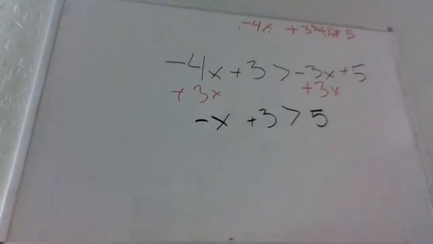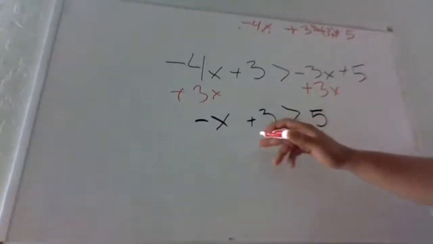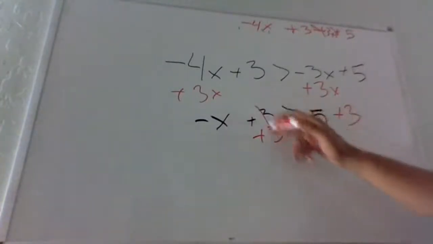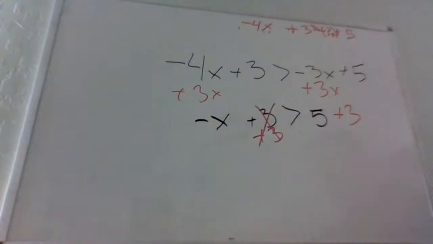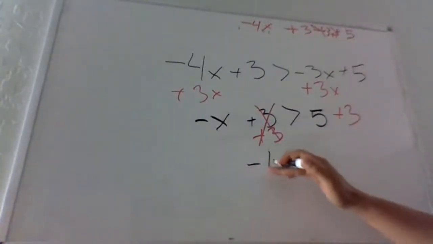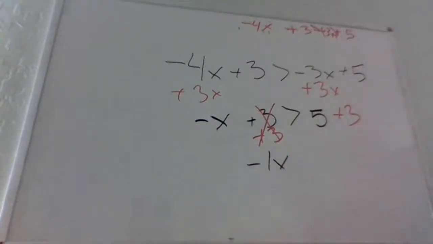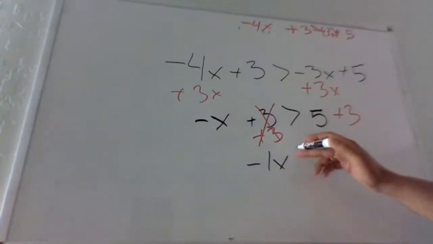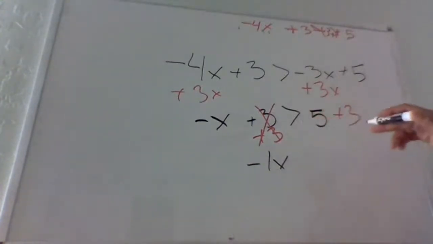Plus 3. All right. We still need to get rid of the 3, so we're going to add 3. And we're left with -x. And minus 3 on both sides. Yep. -3.